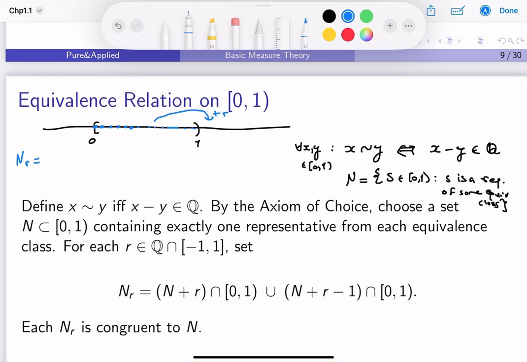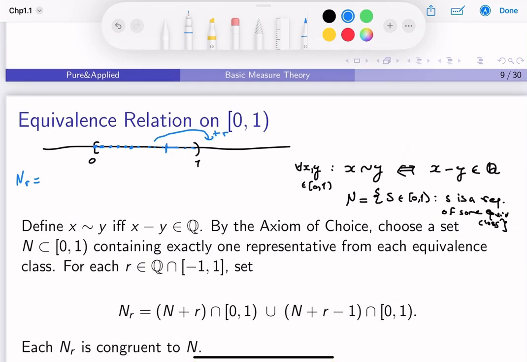So up to somewhere here, all the x's between 0 and 1 minus r, not including 1 minus r, if I translate them by r, I'm still going to fall in [0, 1). However, these x's that fall in here, if I translate them, I'm going to be outside of the [0, 1] interval.